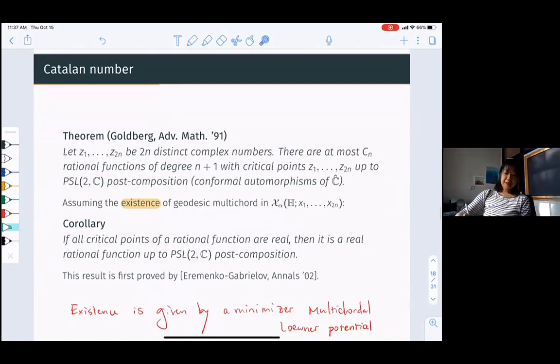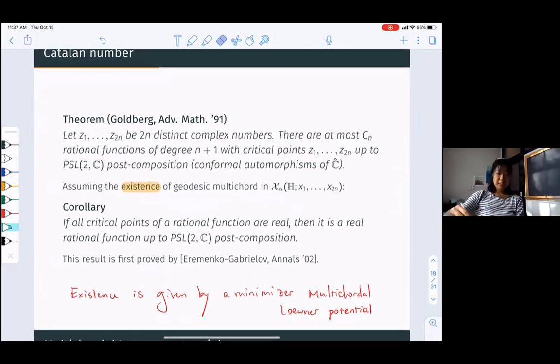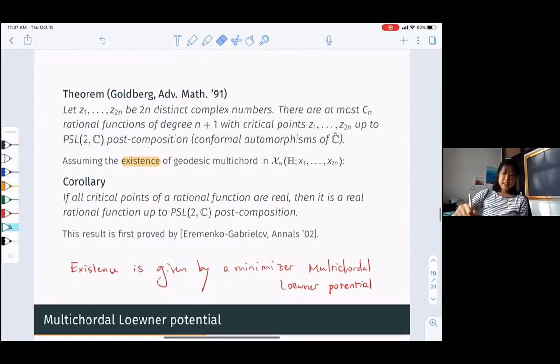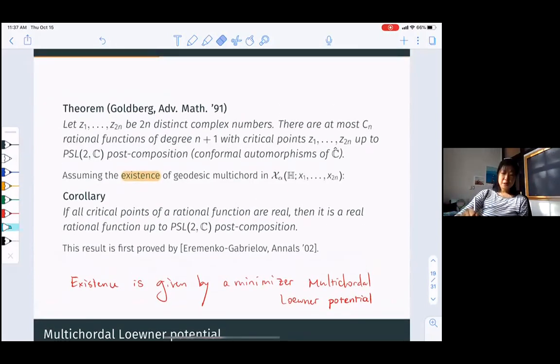So assuming we have the existence of geodesic multichords, then for each alpha, we will find one rational function with those prescribed critical points. And also there are a Catalan number of link patterns.